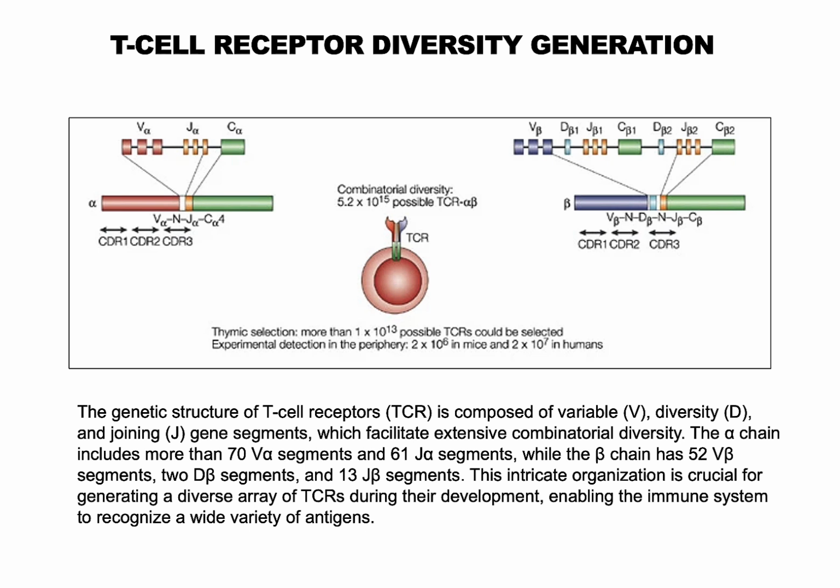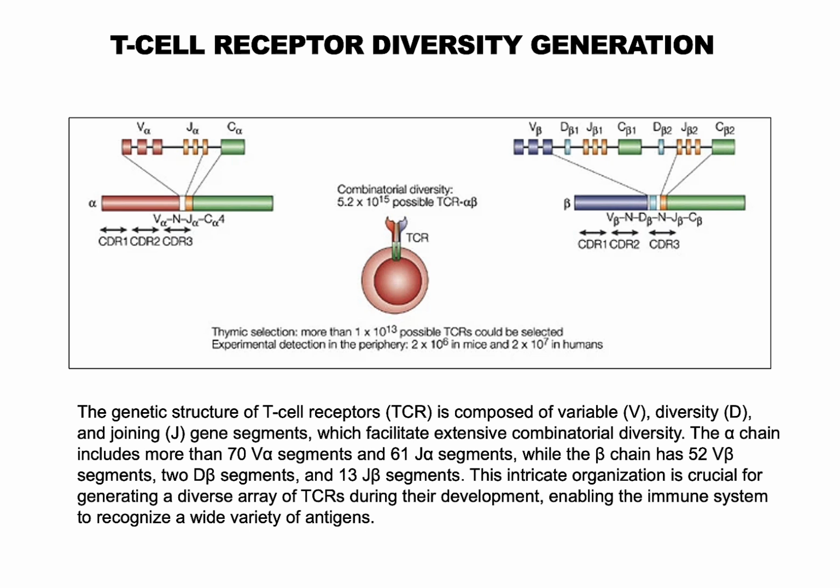Specifically, the alpha chain of the TCR incorporates over 70 different V alpha segments and 61 J alpha segments, while the beta chain consists of 52 V beta segments, 2 D beta segments, and 13 J beta segments. This organization allows for a high degree of combinatorial diversity during TCR development.